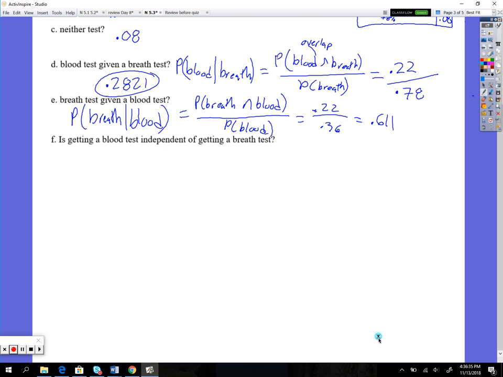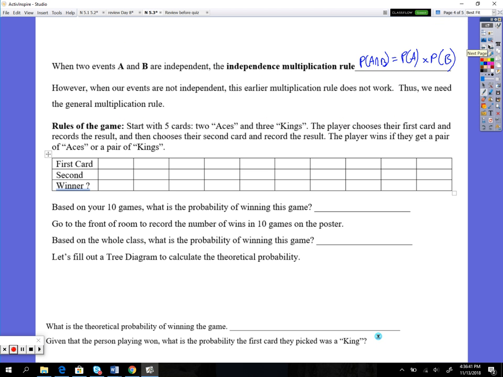I'm actually going to hold off on this for a second because we need to learn a new rule, and that rule is the independence multiplication rule.